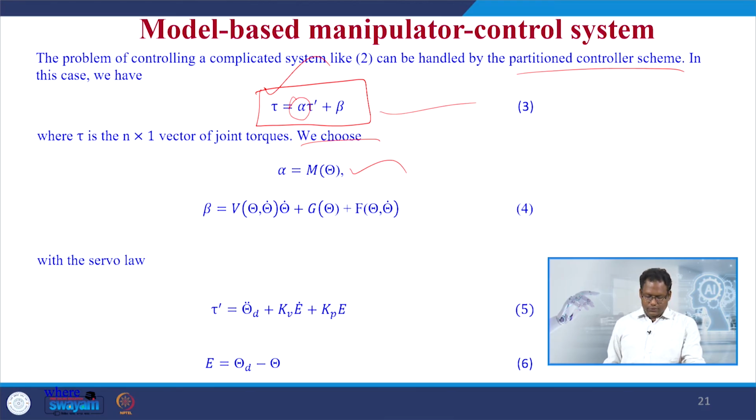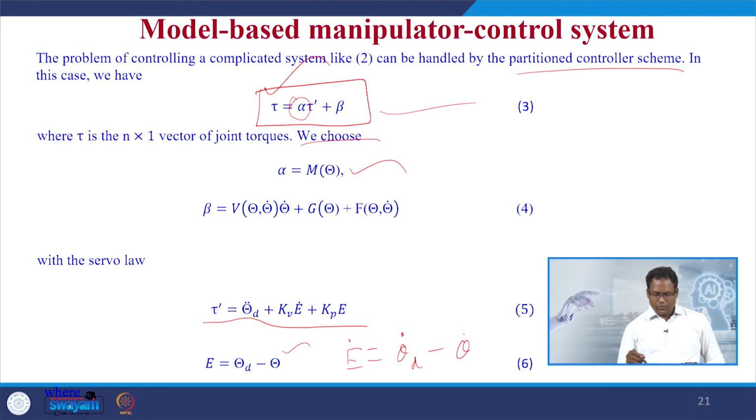And we consider the servo law, which is given by tau dash equal to theta d double dot plus kv into e dot plus kp into e, where kp and kv are control gain matrices, with e being the difference between desired joint angle and actual joint angle, and e dot being the difference theta d dot minus theta dot.